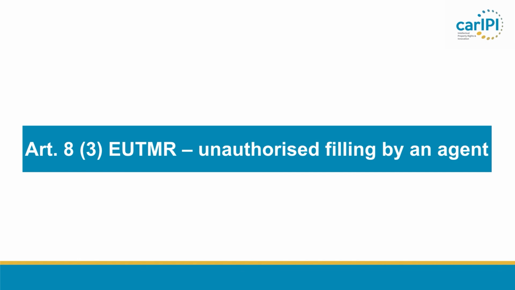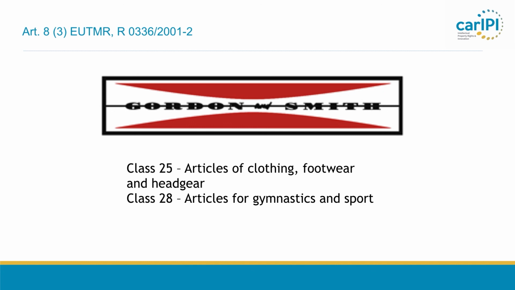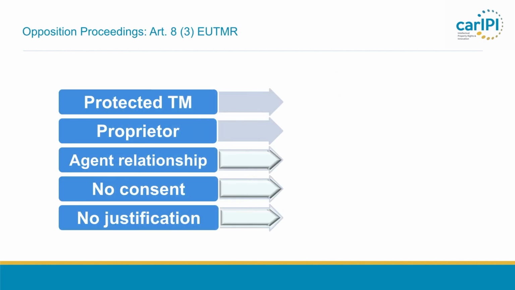But first, imagine this scenario: we have a US company that enters a European trademark and licenses the use of the Gordon and Smith trademark to its distributor within the EU, and then this distributor files an EUTM application in its own name. So on the basis of a treaty, this owner of this American trademark can file this opposition.